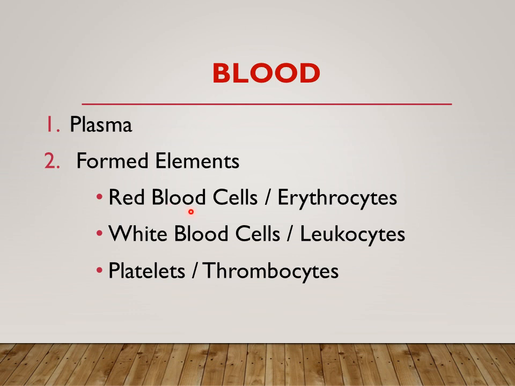These cells contain a very important iron-containing pigment, hemoglobin, which has the ability to bind with oxygen. So the red blood cells carry the oxygen because of its binding with the hemoglobin, and that is why it gives them the red color as well.